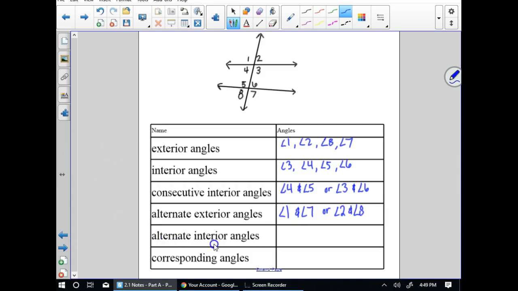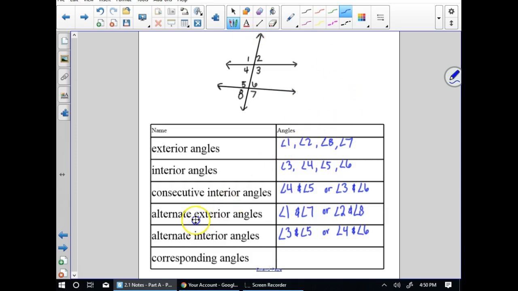Likewise, we can have alternate interior angles. Those are interior angles that are on opposite sides of the transversal. So examples here would be angle 3 and angle 5 are alternate interior angles. Or we could say that angle 4 and angle 6 are alternate interior angles.